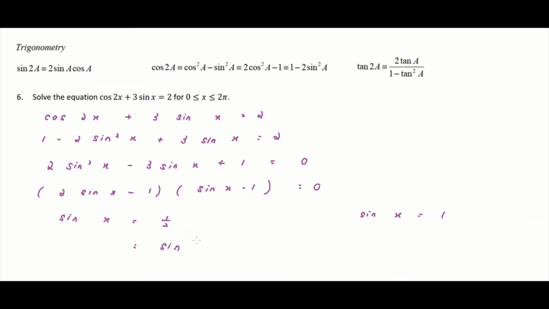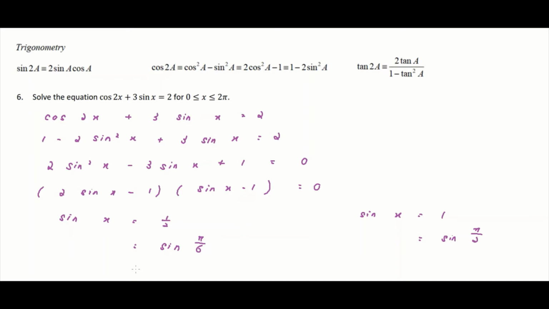So it should be pi over 6. For sine equals 1, what is the value where you have 1 when you draw the sine graph? It will be at 90, so pi over 2.